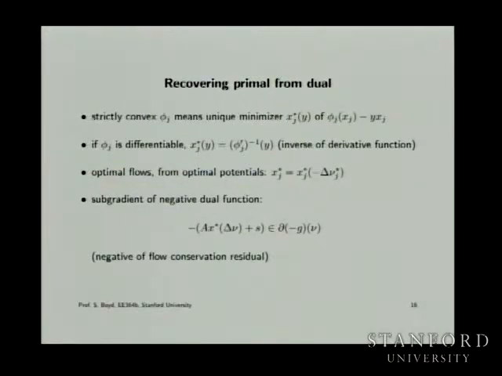Now, by the way, this formula is quite interesting. In electrical circuits, this formula is the nonlinear IV characteristic, the current voltage characteristic, because you think of y here as a voltage potential across an edge.